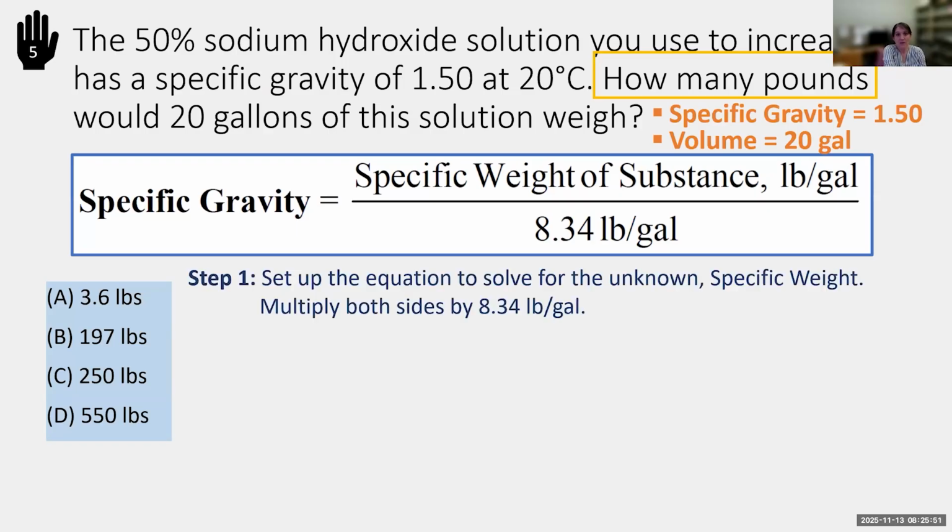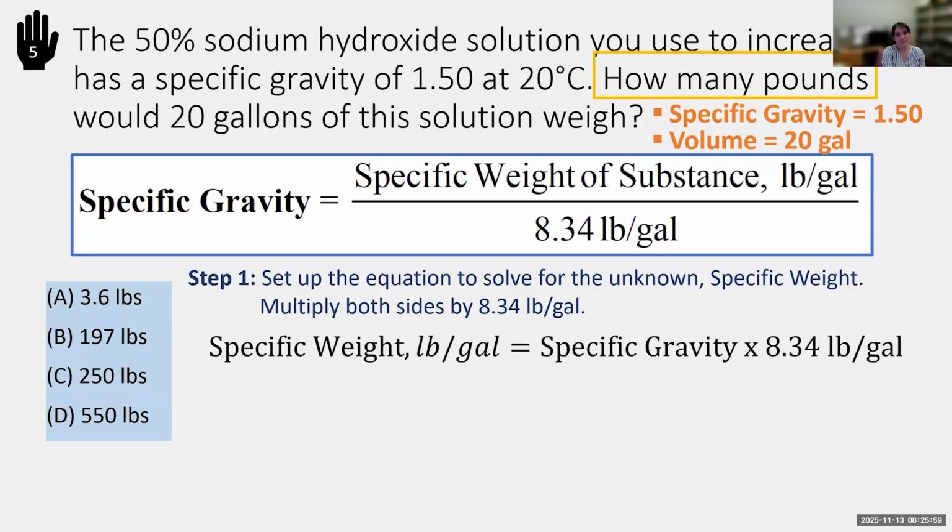Okay, so step one, again, we're going to set up the equation to solve for the unknown, which in this case is specific weight. So like last time, we want to multiply both sides by 8.34 pounds per gallon, and that's going to give us an equation that says specific weight is equal to specific gravity times 8.34 pounds per gallon.